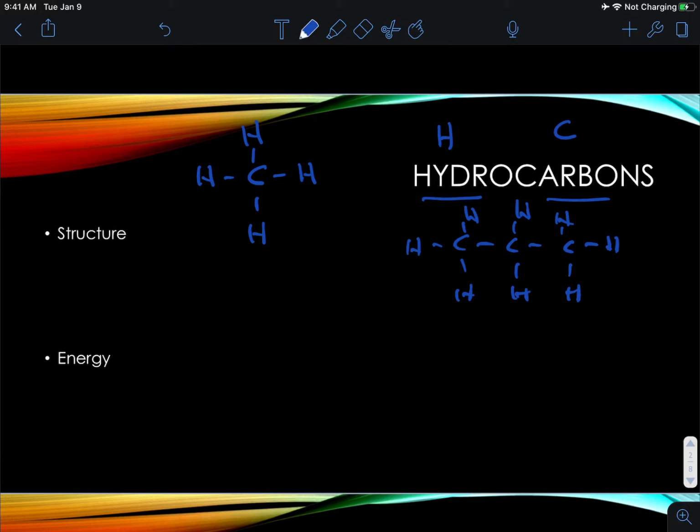So the question then becomes, what makes this a fuel? Where do we get the energy from? So when we talk about chemical reactions, we've done this already. I'm going to write a chemical reaction here. It's methane, CH4, plus 2O2, and that's because it's going to need to be balanced, yields CO2 plus 2H2O.